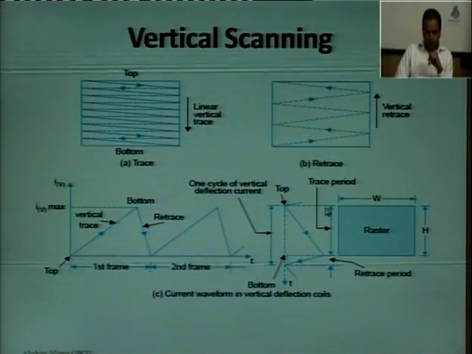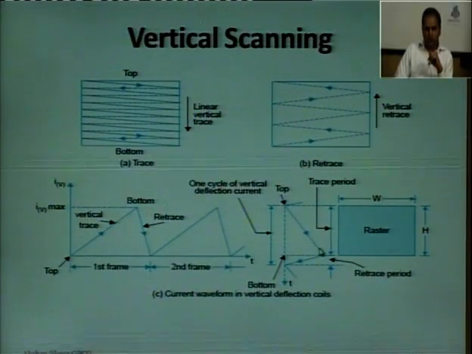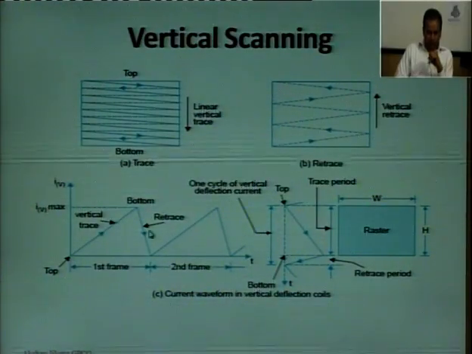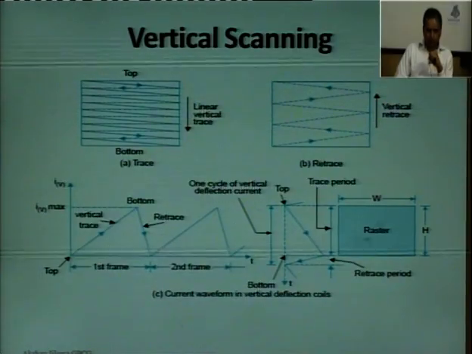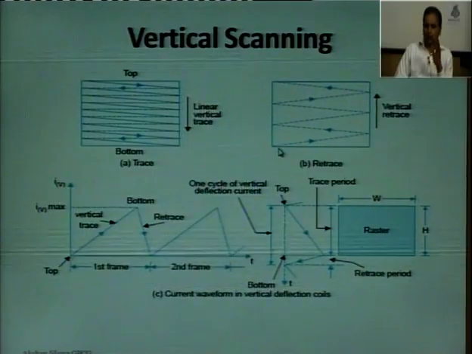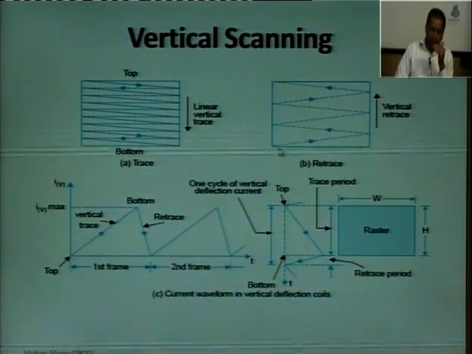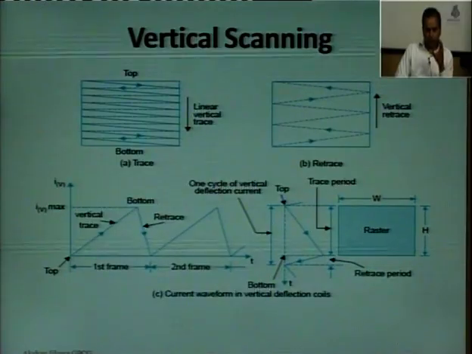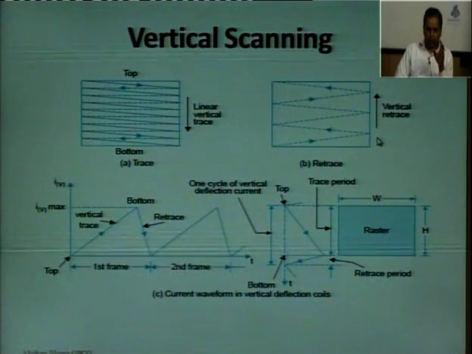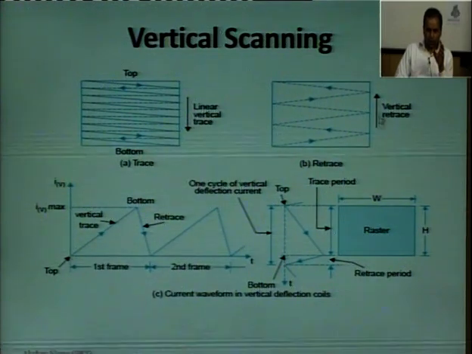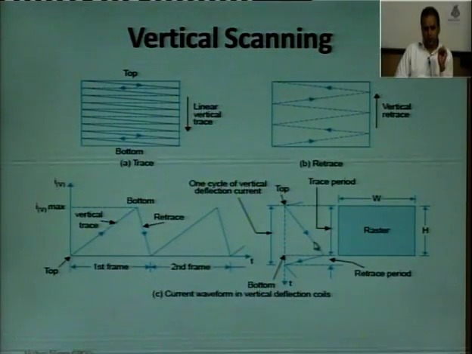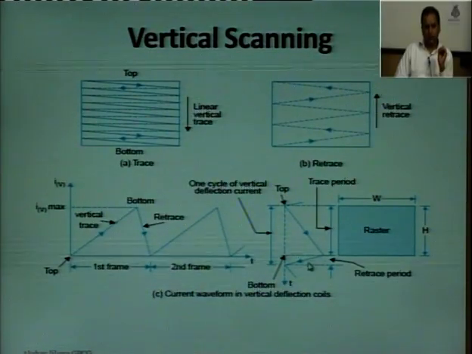When this current is falling, it is called vertical retrace. In this period, after finishing the scanning of one frame or one field, the beam spot moves back from bottom to top. This is called vertical retrace. So, this is the vertical trace and this is the vertical retrace period.